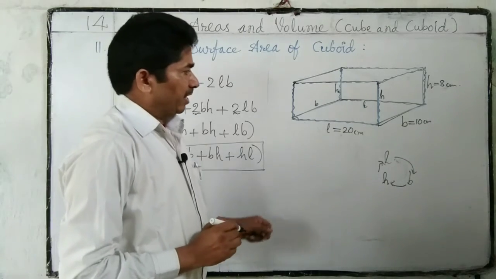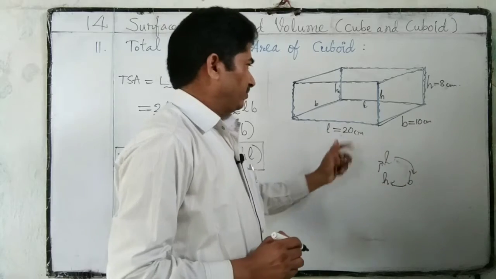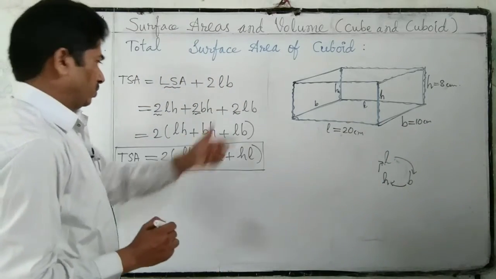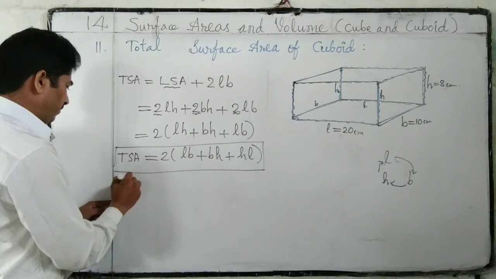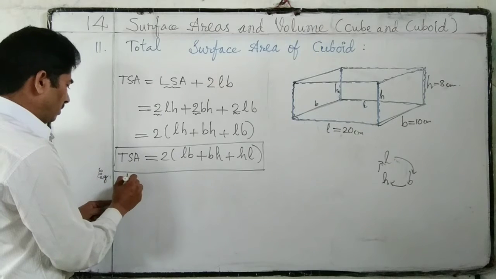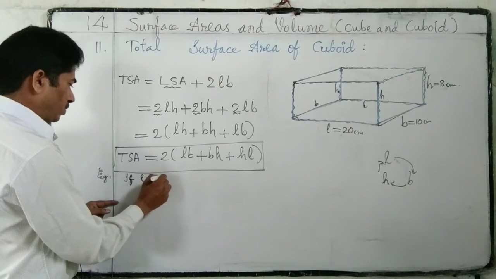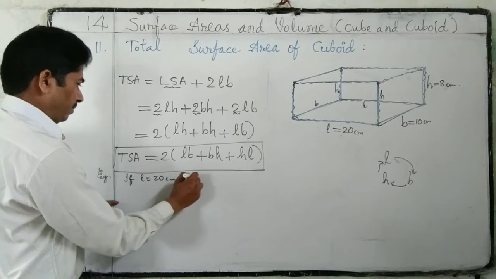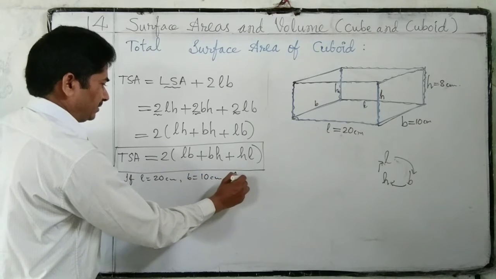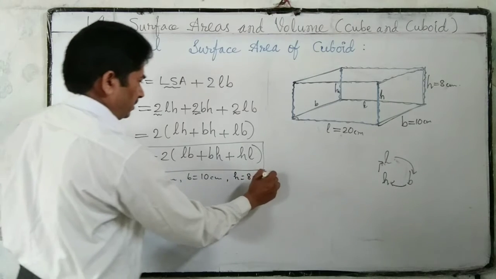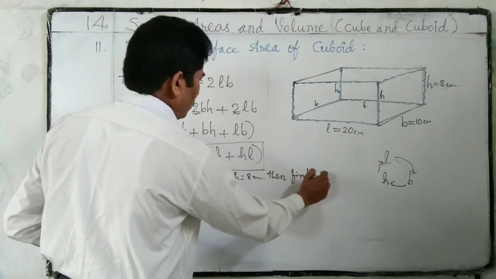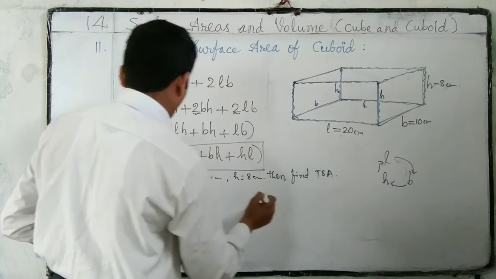Taking these values, let us find the total surface area of this cuboid. For example, if length is equal to 20 centimeters, breadth is equal to 10 centimeters, height is equal to 8 centimeters, then find total surface area.